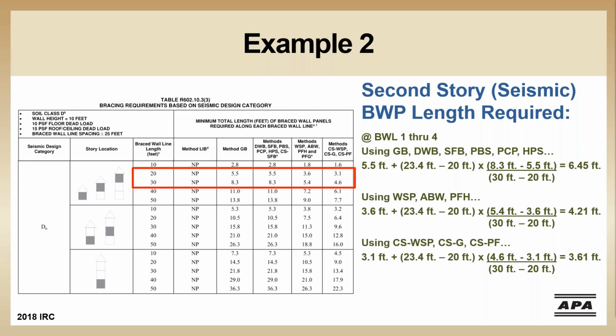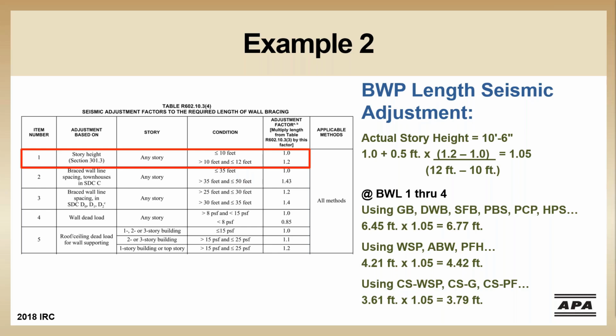So this is the interpolation for each column. We can also interpolate the adjustment factor. So once we've applied the adjustment factor, our required lengths are going to range from 3.8 to 6.8 feet, depending on the bracing method that we decide to use.